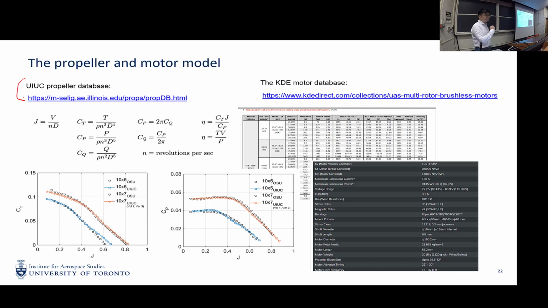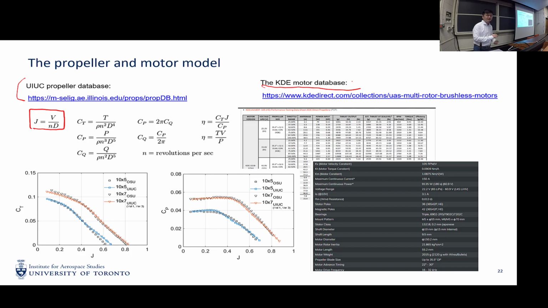If you're able to calculate an advance ratio by using the free stream velocity as well as the propeller spin RPS, then based on the experiment data from the data set, you can get the CT, CP, and CQ. So basically all the coefficients of propellers.